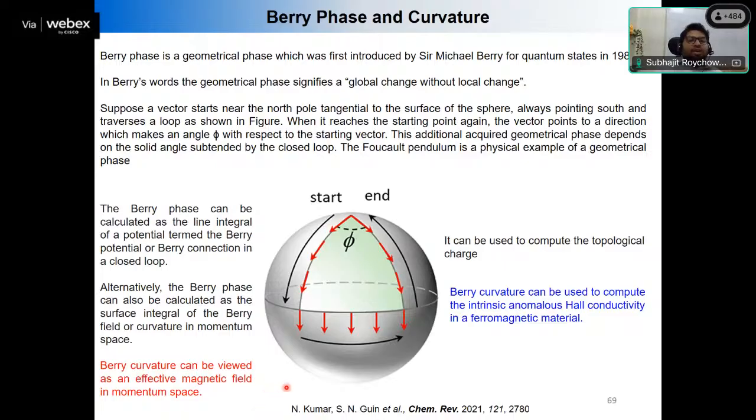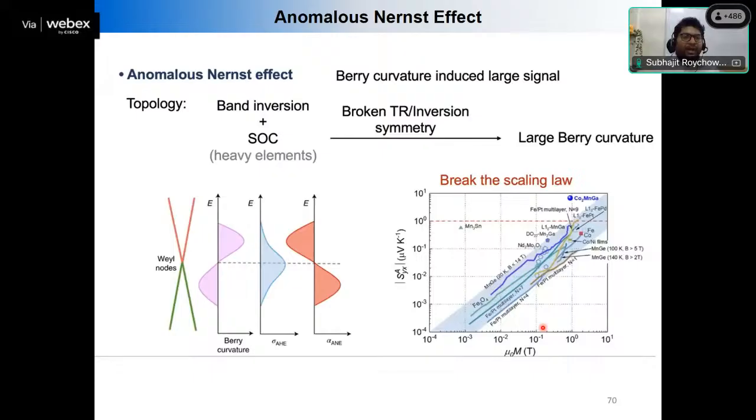Now, why are we talking about Berry curvature or Berry field? What is the importance in the topological field? Because it will help you to calculate the topological charge. It can say whether this is a topologically trivial material or a topologically non-trivial material. At the same time, Berry curvature can be used to compute intrinsic anomalous Hall conductivity or anomalous Nernst conductivity in a ferromagnetic material.